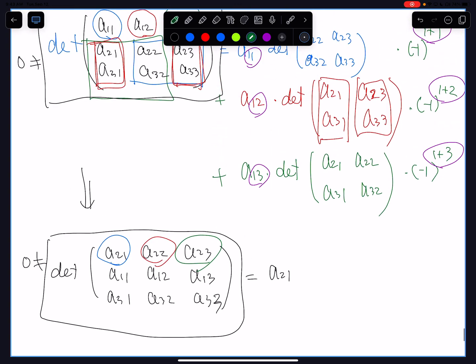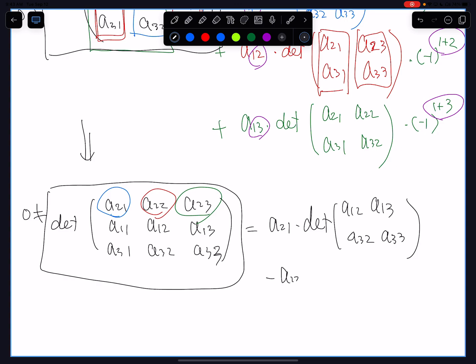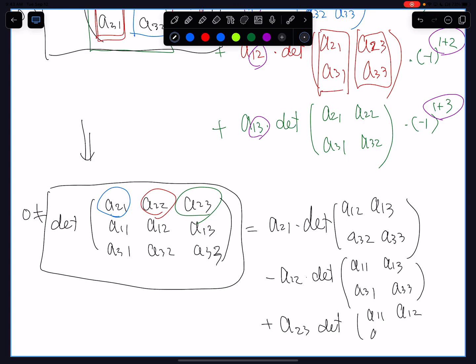So in other words, A21 times determinant A12, A13, A32, A33, minus A22 times determinant A11, A13, A31, A33, plus A23 times determinant A11, A12, A31, A32.